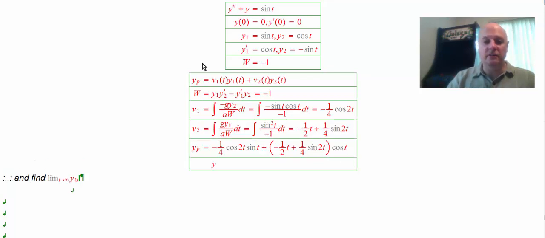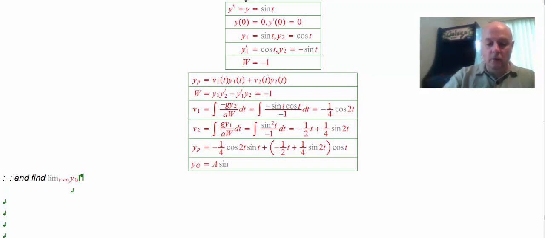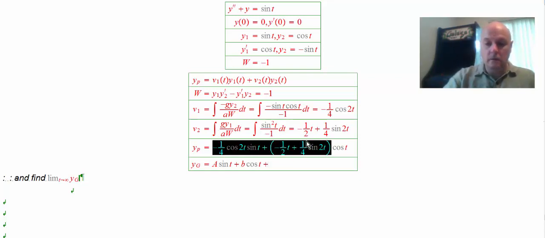The initial conditions, I need the general solution to sub that in. So our general solution is going to be a homogeneous solution plus the particular solution.